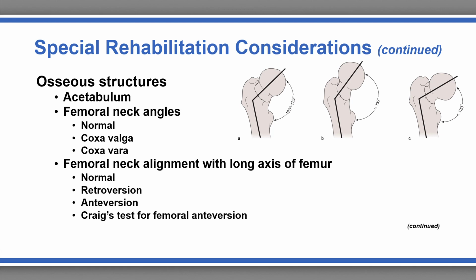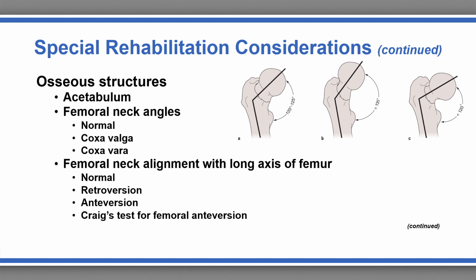Anteversion and having coxa vara, or that femoral neck angle being less than 120 degrees, both of those factors make the hip more likely to dislocate. Now, you can also measure anteversion, and that can be done commonly with what's known as Craig's test.